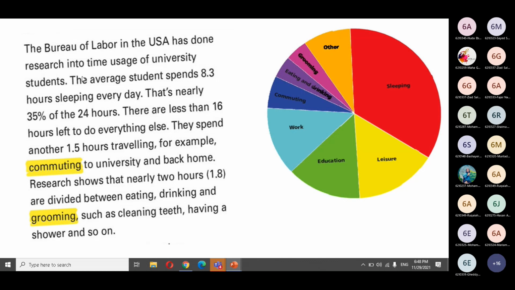So try to find which elements are here. 1, 2, 3, 4, 5, 6, 7, 8. We have 8 elements here in the pie chart. How many elements are here in this text? And what is the time for each one? Quick reading and tell me.